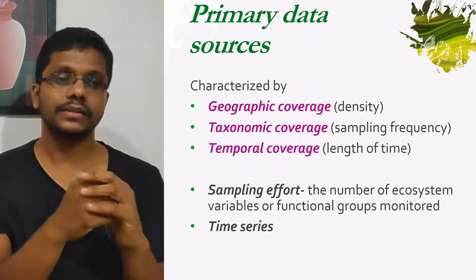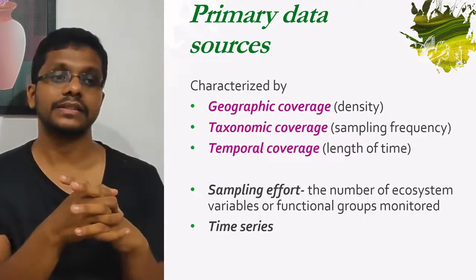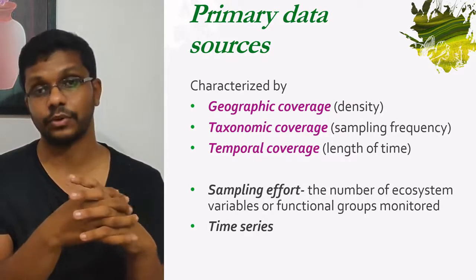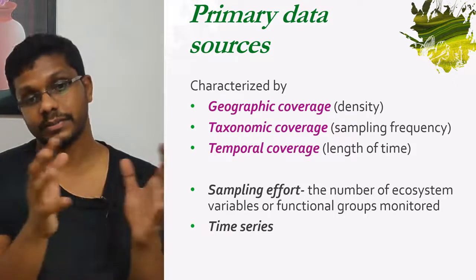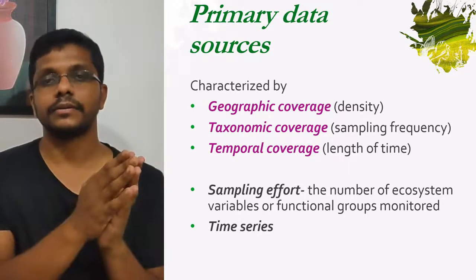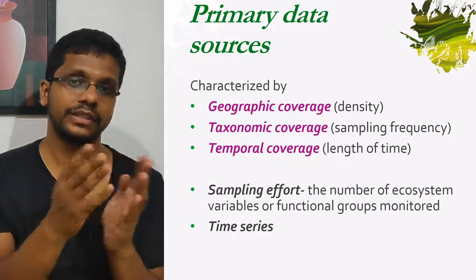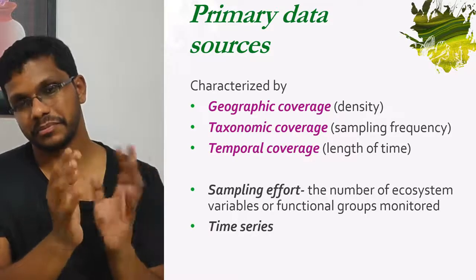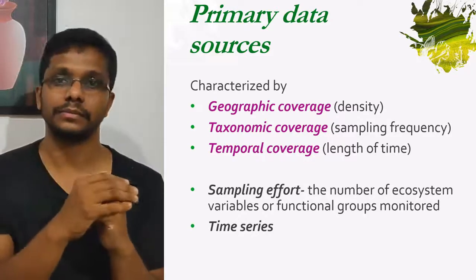And two other terms related to this are sampling effort, the number of ecosystem variables or functional groups monitored, and time series. If you are measuring only a small number of species or functional groups, your data may be more biased.